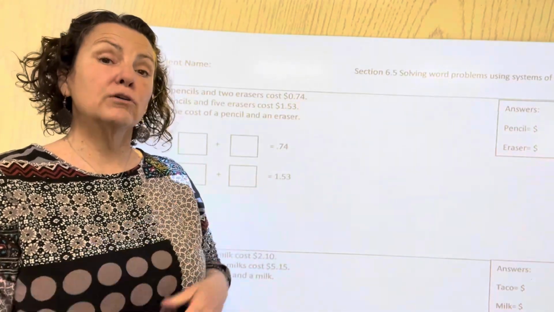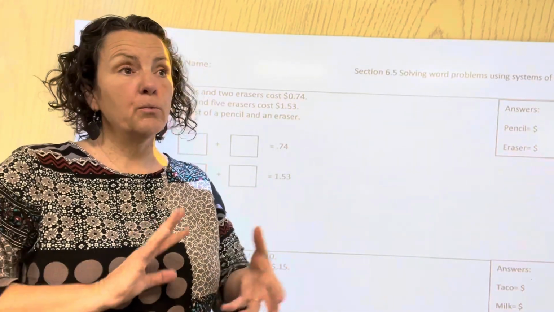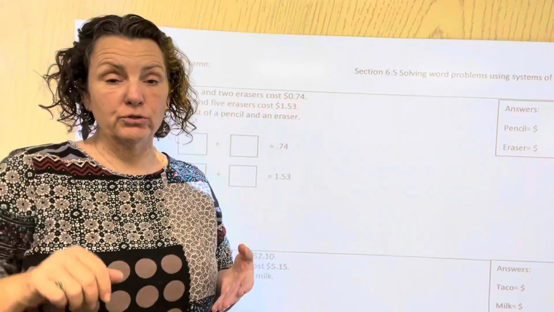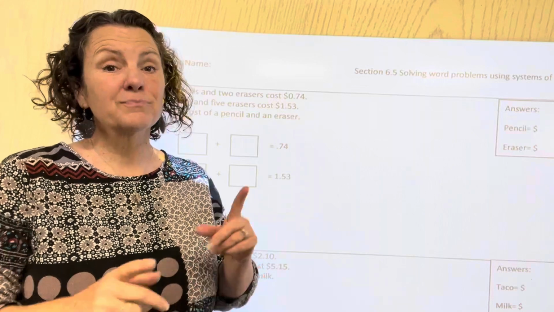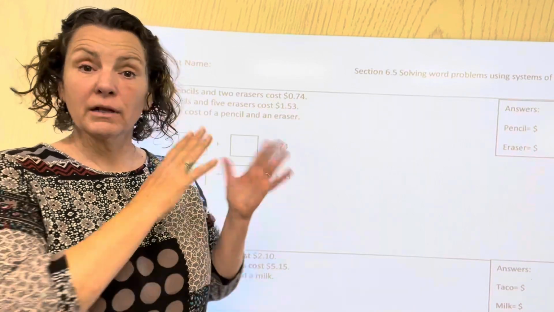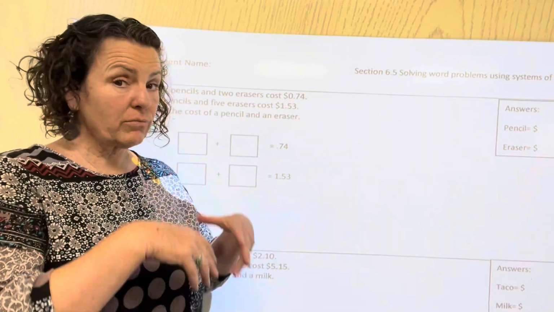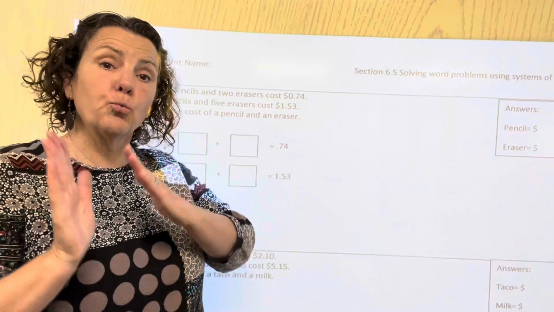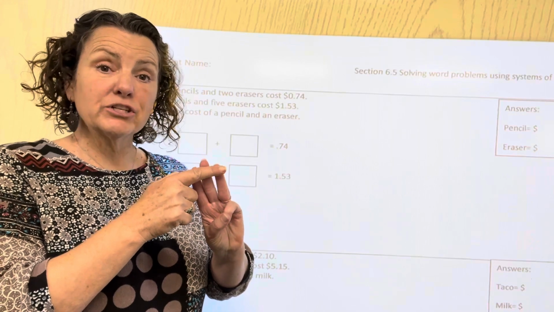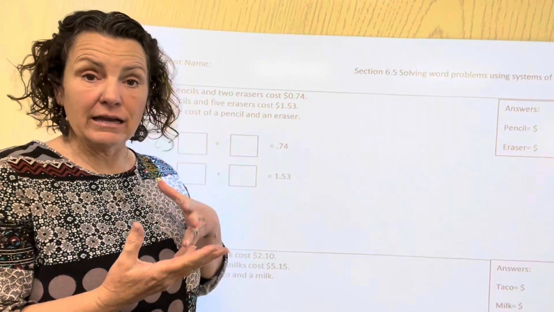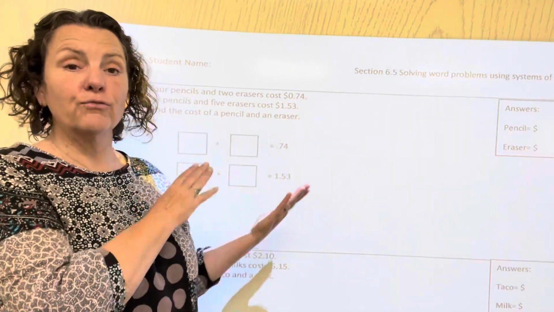And there's a third way called the substitution method. And when you move on to geometry and Algebra 2 Trig, I'm going to be honest, the number one technique that most teachers use is substitution. But let's see how this one's set up. That setup is going to tell us which of the 3 techniques, graphing, elimination, or substitution, is the right technique or the easiest technique for this setup.